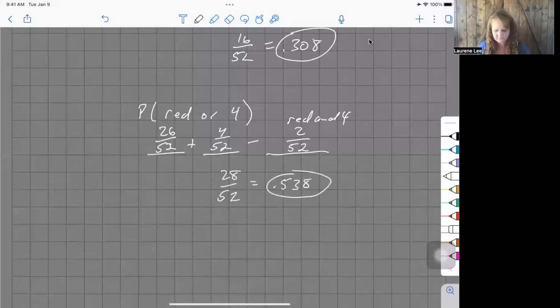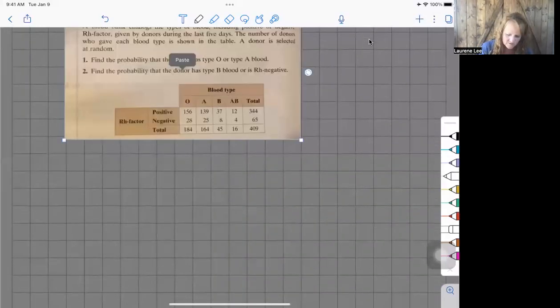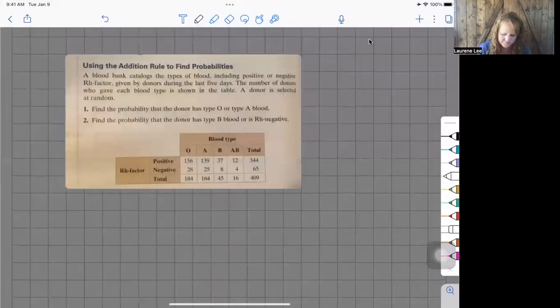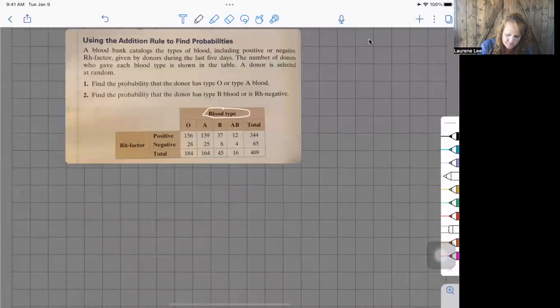Okay. So that is how you do the card problems. And then I want to show you what it looks like if we're in table form. Here's a table. Over here, we're looking at blood types. The blood types are right here: type O, type A, type B, AB, and then your total.